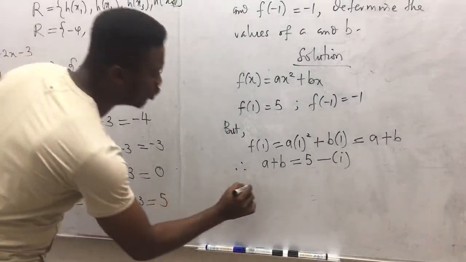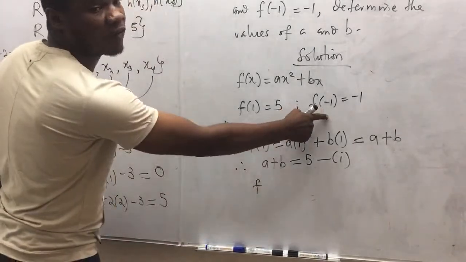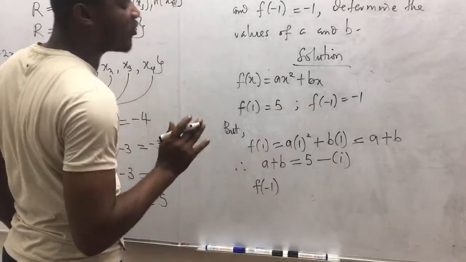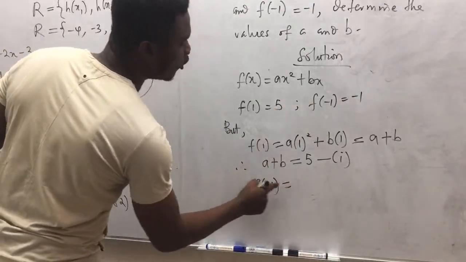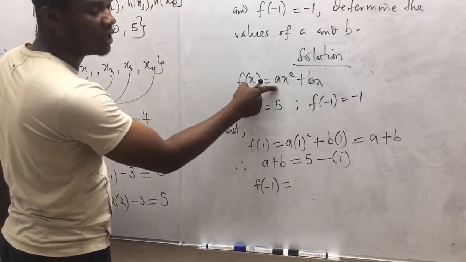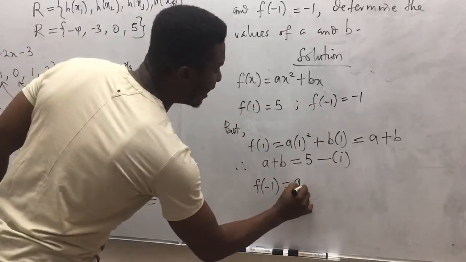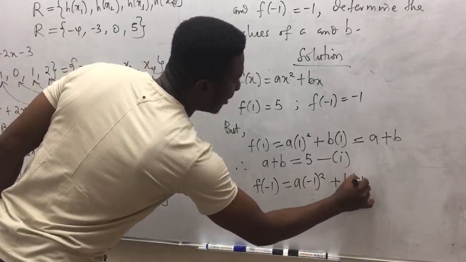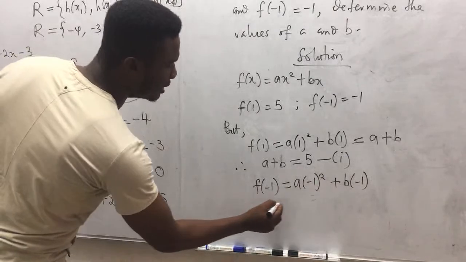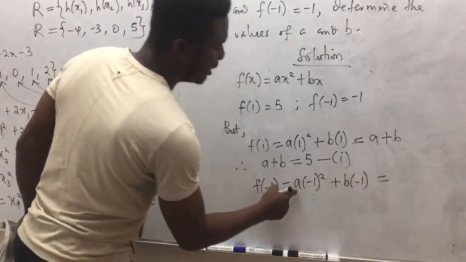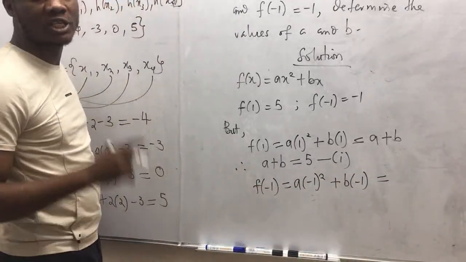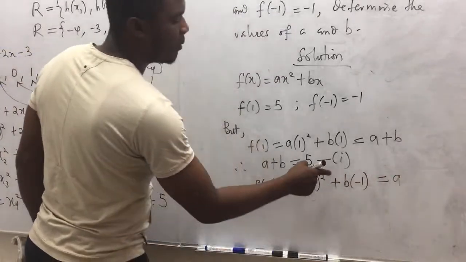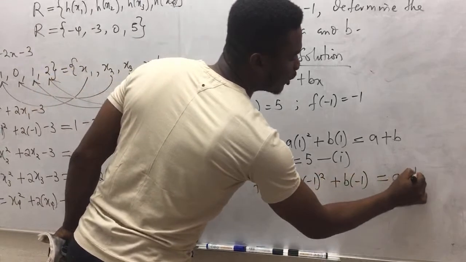The next thing I'm going to do is repeat the procedure for f of minus 1. I'm told that f of minus 1 is equal to minus 1, but for a start, I'm going to obtain f of minus 1 using this relationship. So it will be a into bracket minus 1 squared plus b into bracket minus 1. Minus 1 all squared is 1, so 1 times a gives a, but b times minus 1 gives minus b.